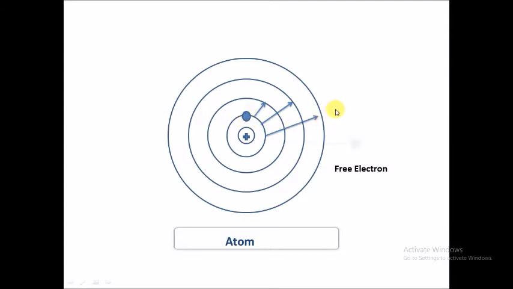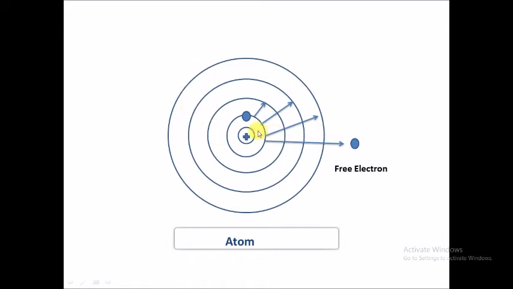In that case, the electron will be completely out of this atom, because at this position there is no impact of the nucleus on the electron, since the distance is much greater.